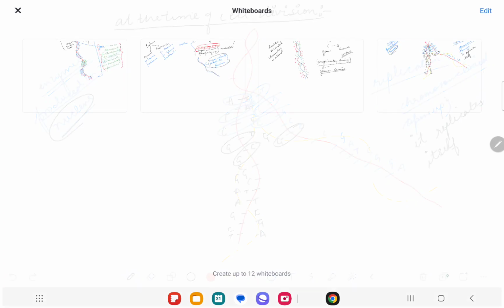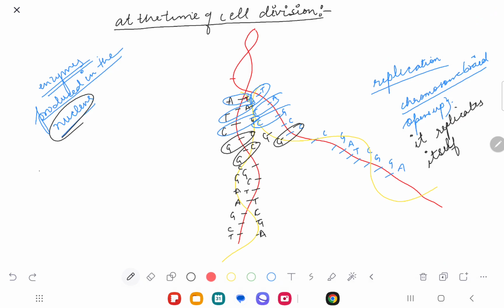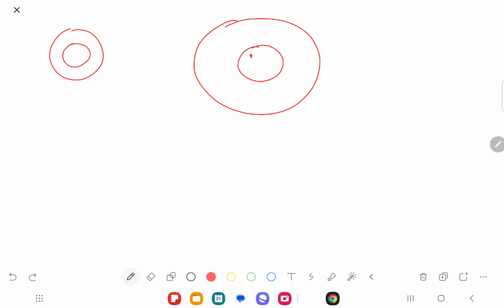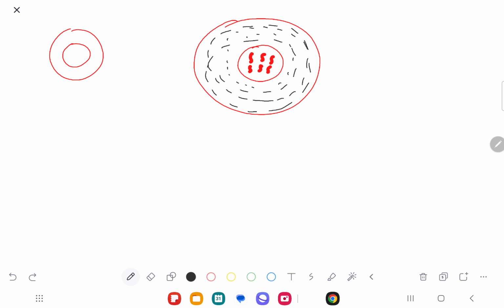So at the time of cell division, I hope you're understanding what is happening. The cell basically was small. The cell grows up in size. The chromatin material becomes rod-like structures. And when the chromatin material acquires these rod-like structures, it becomes a chromosome at the time of cell division. I hope you're understanding, right? And we had this particular cytoplasm outside, and the cell membrane decides to disappear.